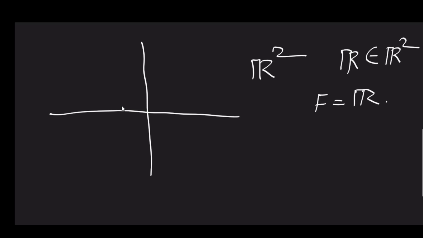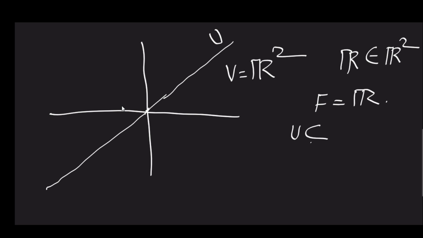But can we take any other line like this? Let this line be capital U, and our vector space V is R2. I am claiming that U is a proper subspace of V, and U forms a linear vector space over the field F equal to R.